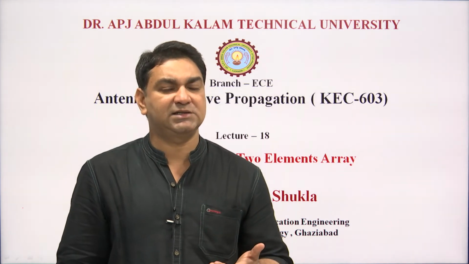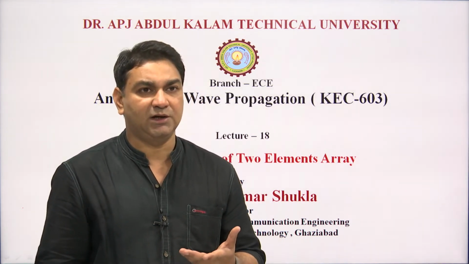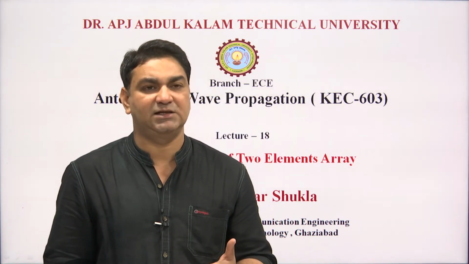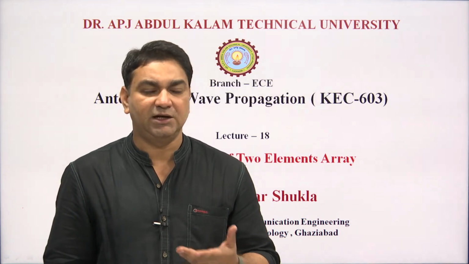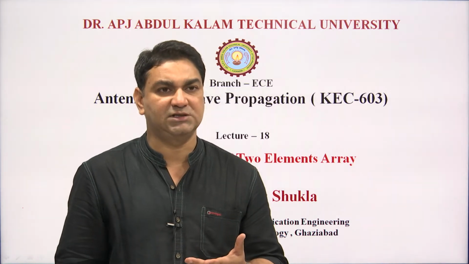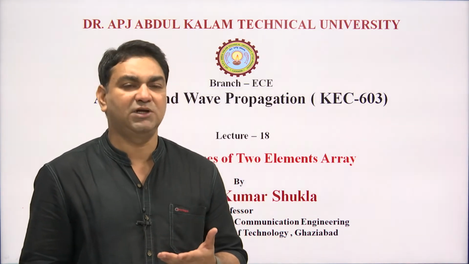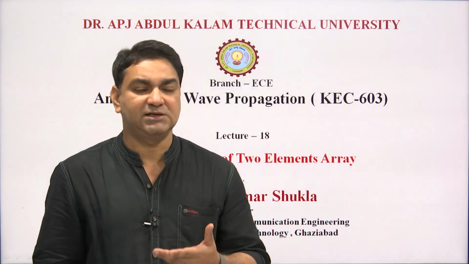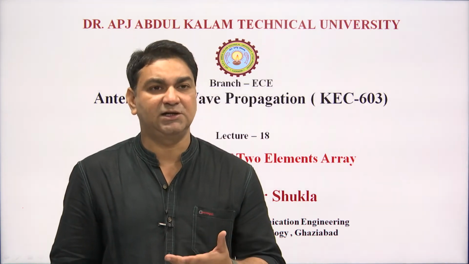Now, we will discuss some other cases where the characteristics of the antenna array systems are changed, and how, due to this change in the point sources and their characteristics, the result is reflected in their resultant radiation pattern.